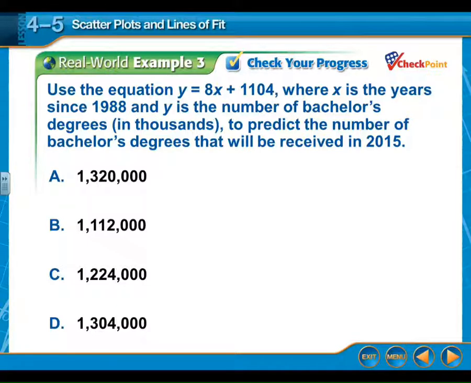Okay, so use your equation. How many years has it been since 1988? And we're going to solve it for y to find out how many degrees. So I would take 2015, subtract 1988, and I get 27 years.